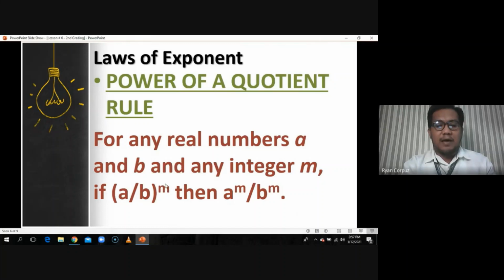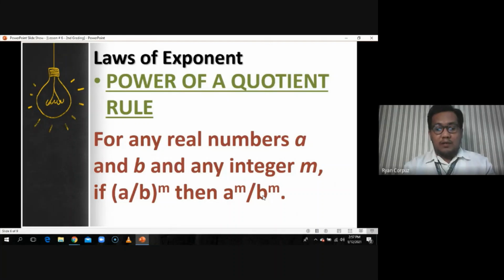That exponent m is to be distributed on the numerator, so we'll come up with a raised to m, and on the denominator, b raised to m. When we simplify that, we'll come up with an answer which is a raised to m over b raised to m. That is with the application of the power of a quotient rule.